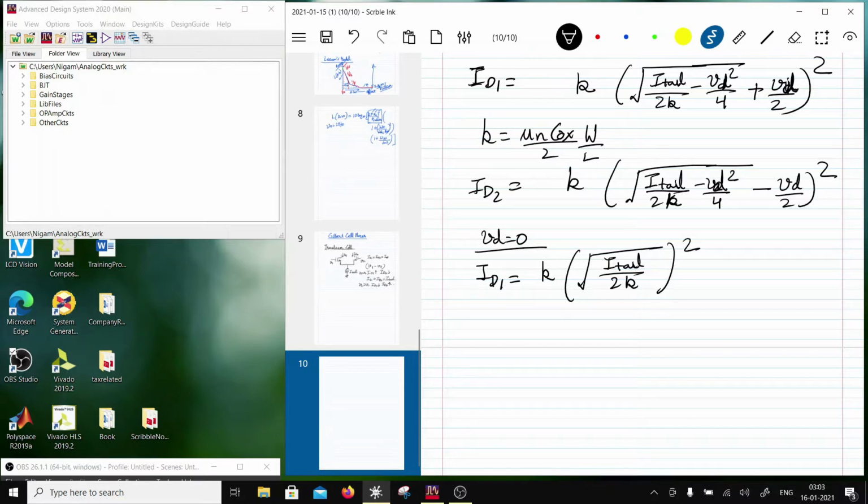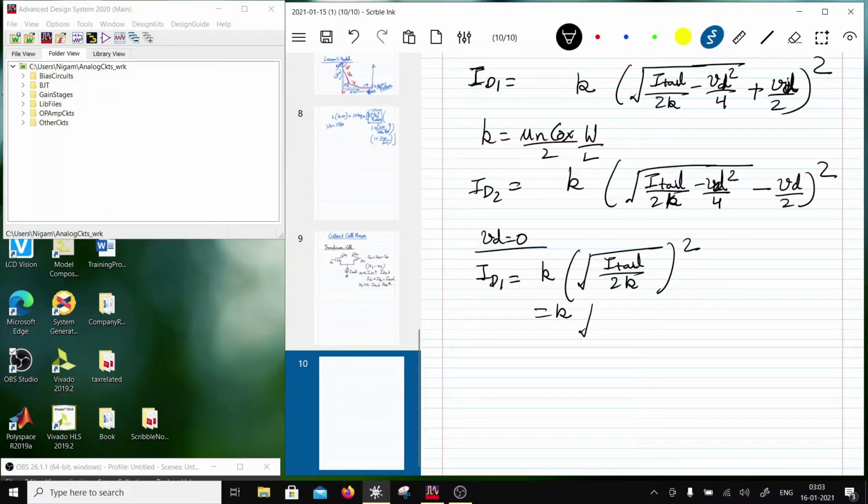That would be K times root of K. So this term is equal to twice of ID by K, mu n Cox by 2.